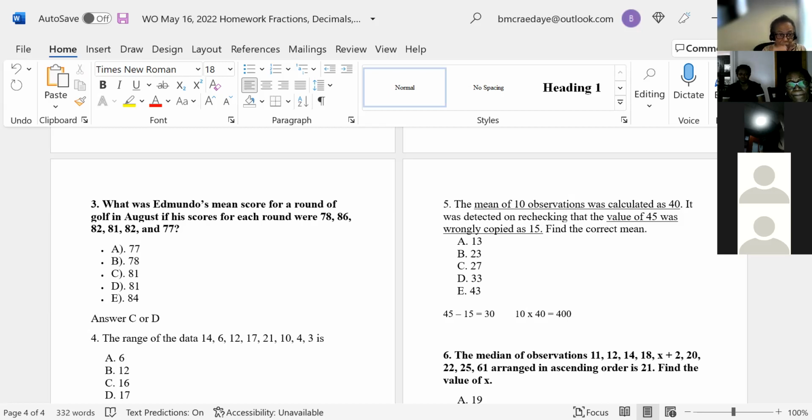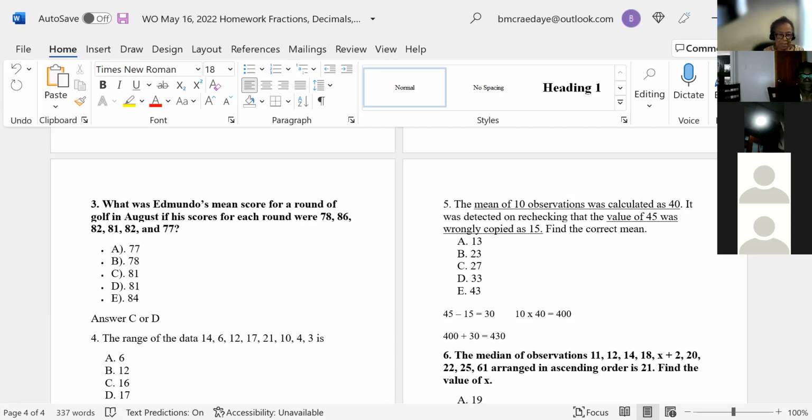In other words, 400 divided by 10 gives you a mean of 40, right? But this one's a tricky one. If you made a mistake and left out 30 points, then you have to add it back in. 400 plus 30 equals 430.